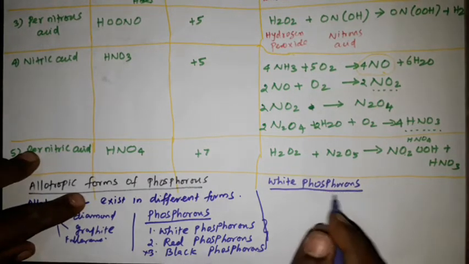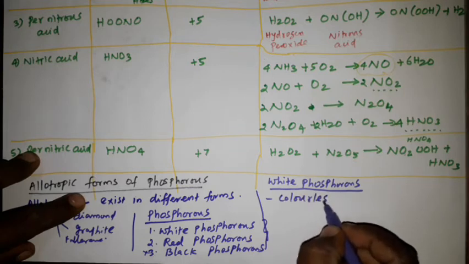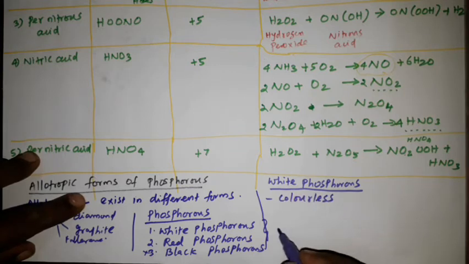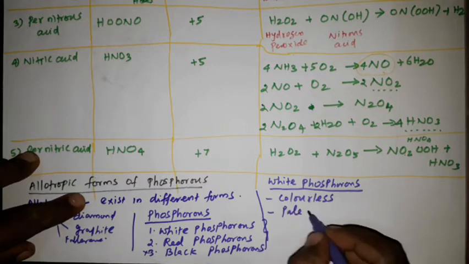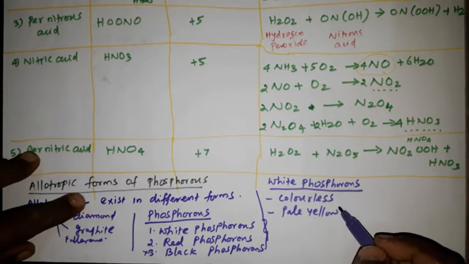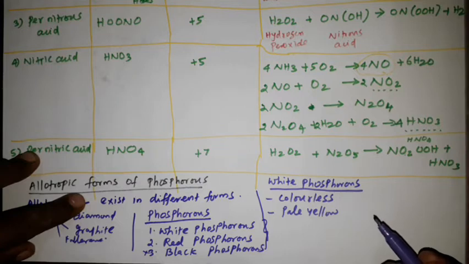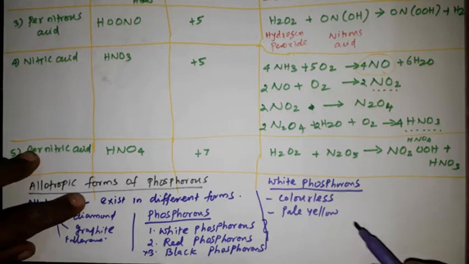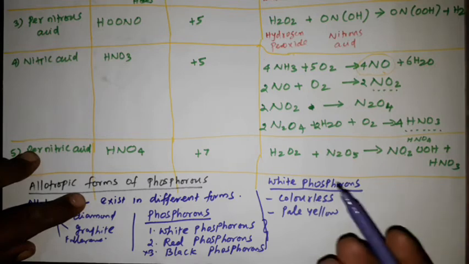White phosphorus is colorless. Then it becomes pale yellow after a long time. Why is this pale yellow color formed? Because white phosphorus slowly converts into red phosphorus.